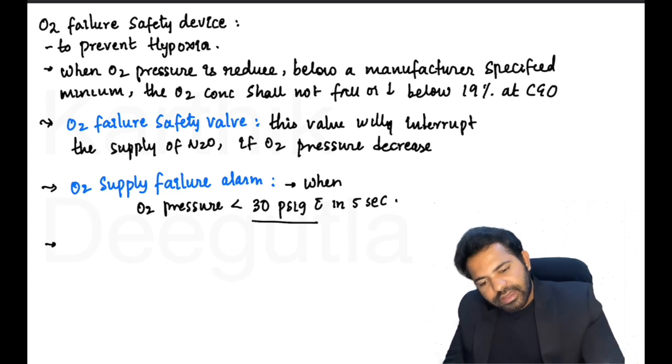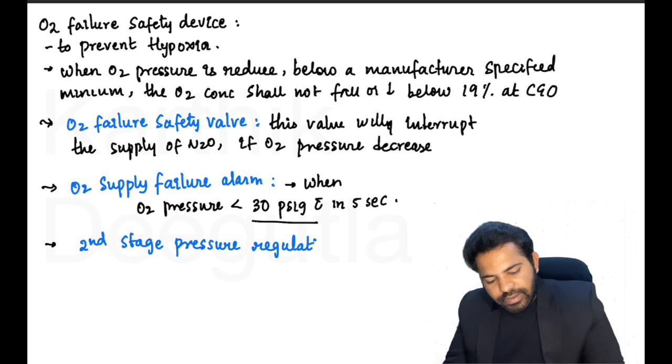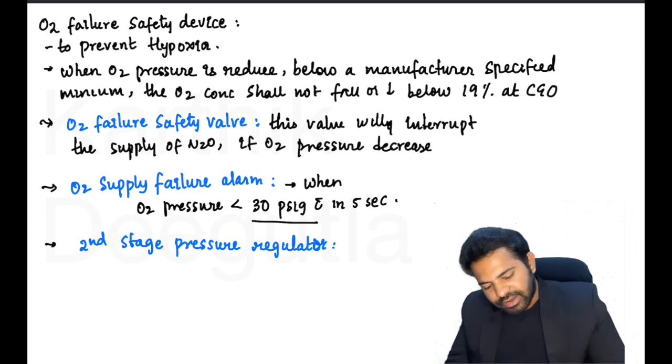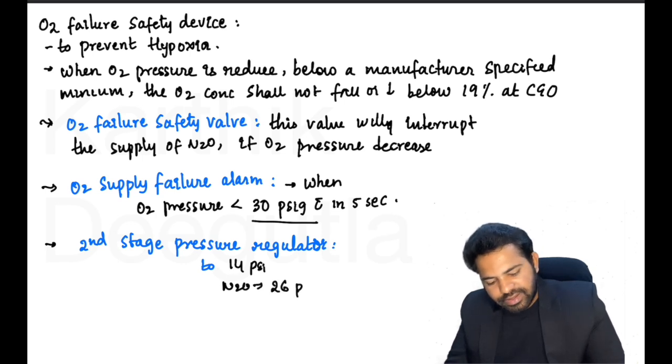Clear? Then we also have something called a second stage pressure regulator. This pressure regulator reduces the oxygen pressure to 14 pounds per square inch, 14 psig, and for nitrous oxide it will reduce to 26 psi.